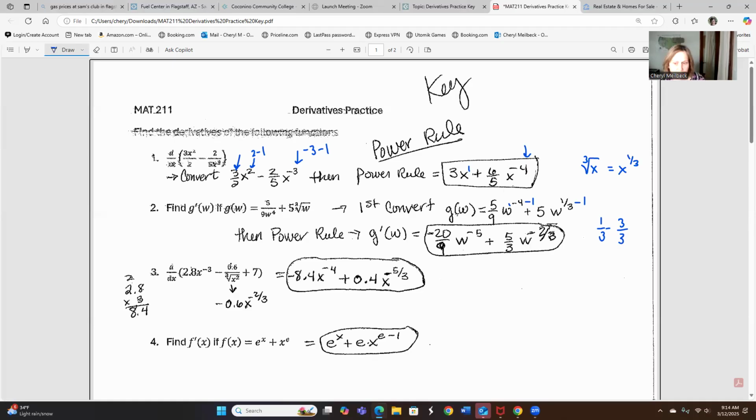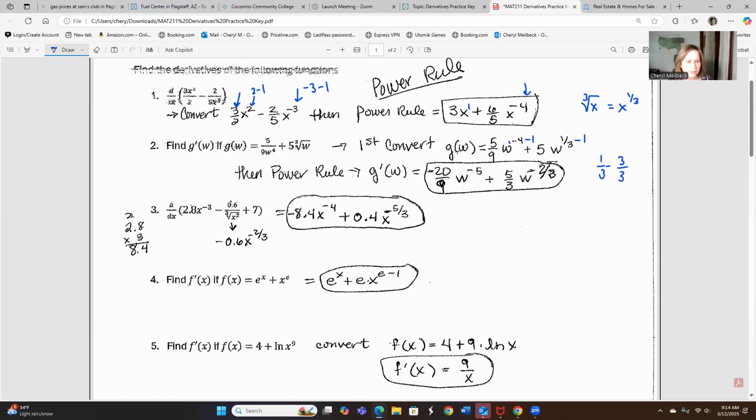Problem 3 is very similar. We need to first convert, probably. The 2.8x to the negative 3 can stay 2.8x to the negative 3. But this 0.6 over the cubed root of w squared, we should rewrite as 0.6 times x to the negative 2/3.